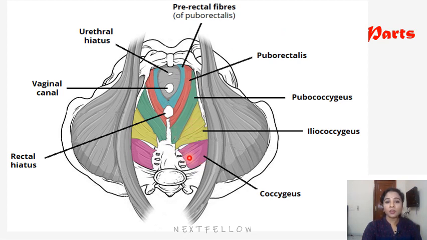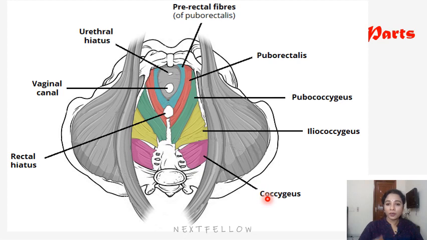Ischio-coccygeus, or simply coccygeus muscle, is situated behind the levator ani, and is frequently as much tendinous arch as muscular. This coccygeus muscle extends from the ischial spine to the lateral margin of the sacrum and coccyx. So that is about the coccygeus.